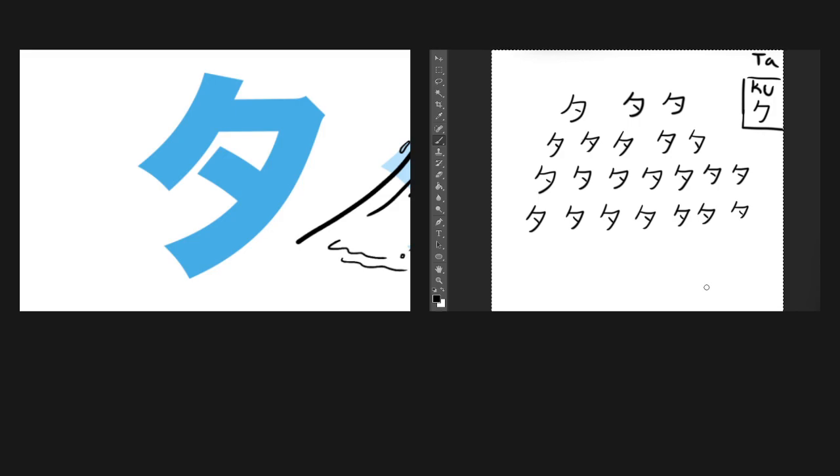And again, ta in hiragana is this. So it doesn't really look at all similar, but I don't know. Maybe you see a connection.